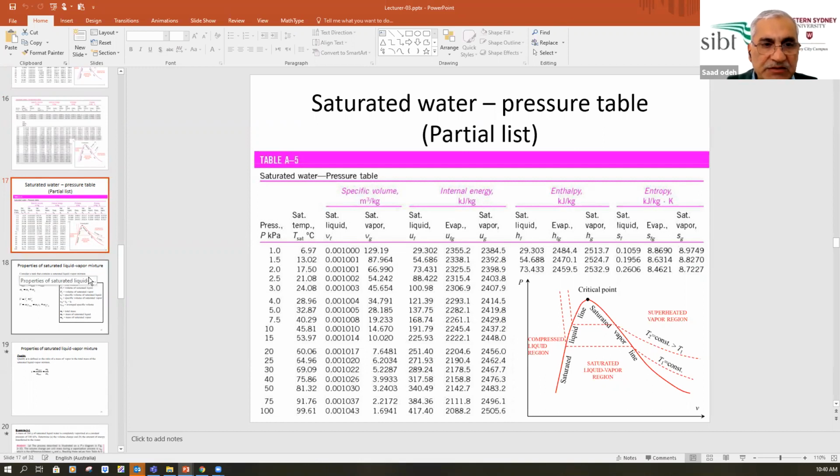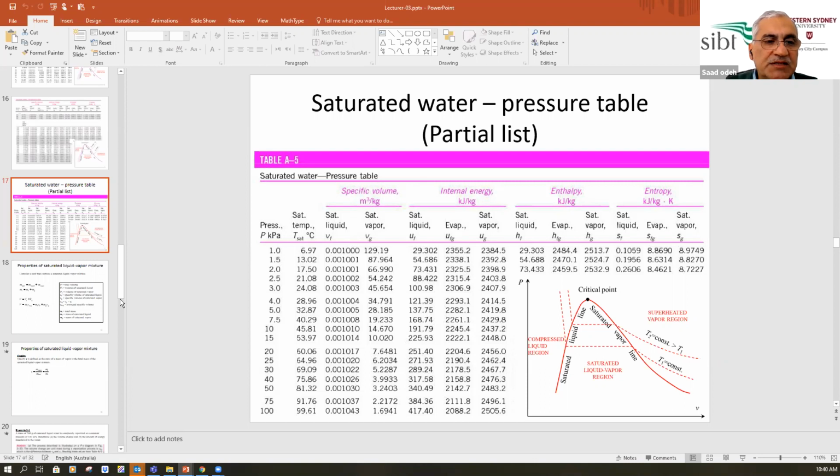Sometimes for some gases, we can't find the values in tables, or let's say we don't have the table available with us. So what we can do is, if the gas is ideal gas, we can always use a formula to find out the values for, let's say, pressure, temperature, volume.